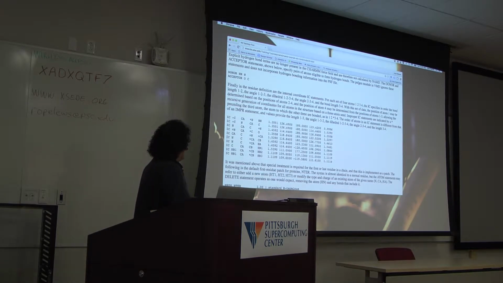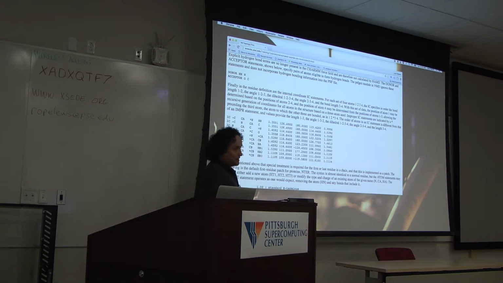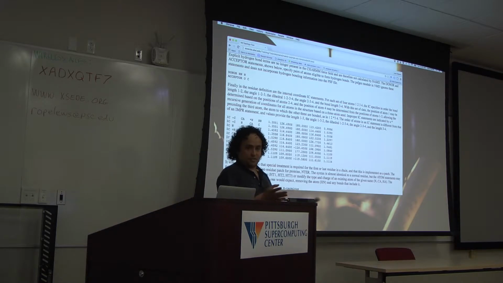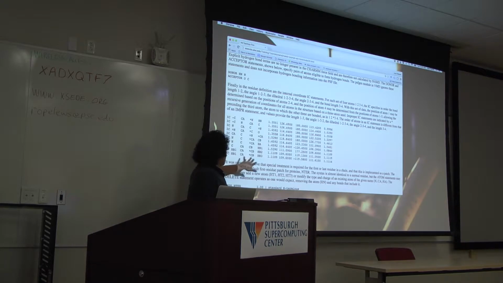This is where the magic happens, what I like the most: the internal coordinates. For the people here who did the PSFGen tutorial, I don't know if you played with guesscoord. It actually guesses the coordinates of any atoms you might be missing, and what it uses is the internal coordinates. For instance, if you're missing a C alpha, it can use the internal coordinates to place that C alpha.